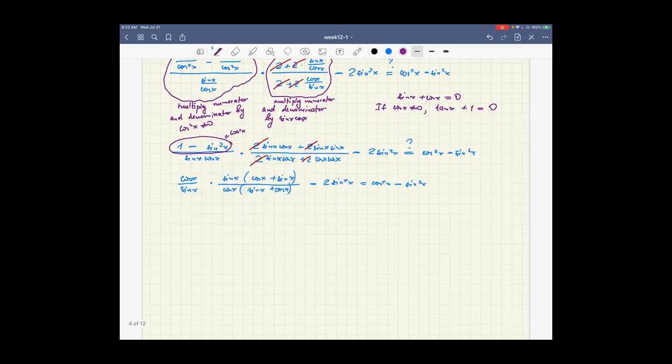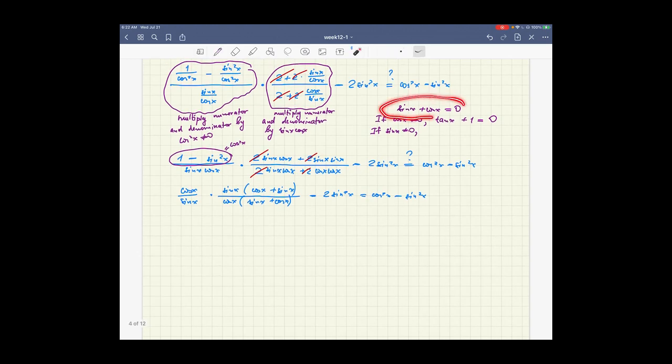And if sine is not 0, one of them has to be non-zero. We can divide this equation through by sine. Sine over sine equals 1. Cosine over sine equals cotangent. And therefore, 1 plus cotangent equals 0.